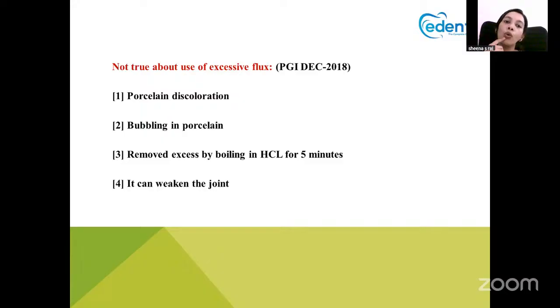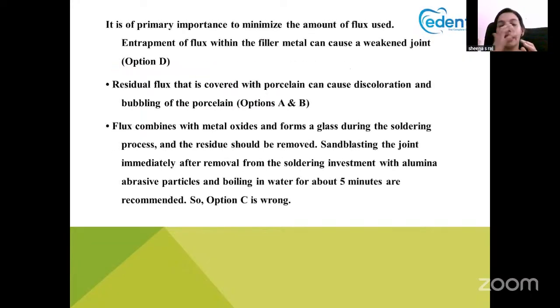So what is not true about the use of excessive flux? What do you think? Porcelain discoloration? Bubbling in porcelain? Before answering this question, I need to explain the theory part. It is of primary importance to minimize the amount of flux.